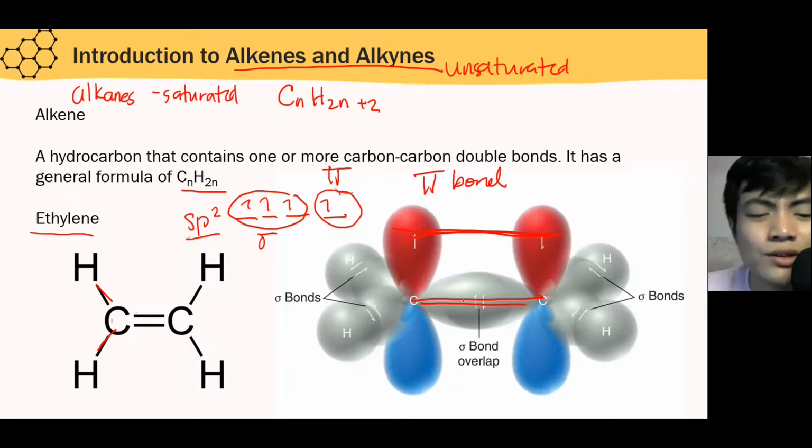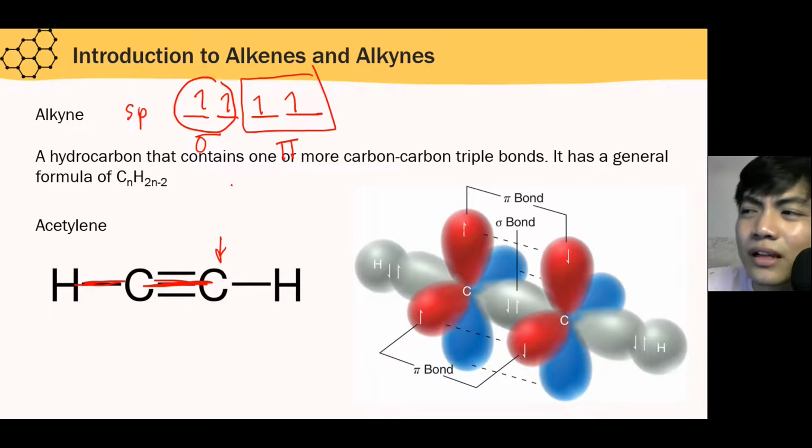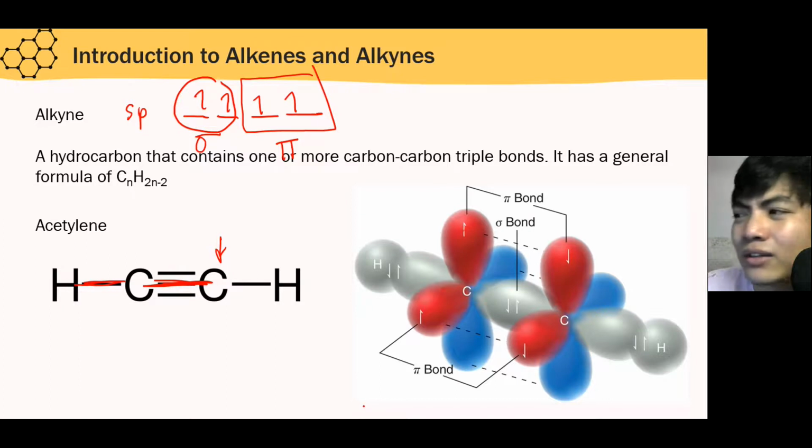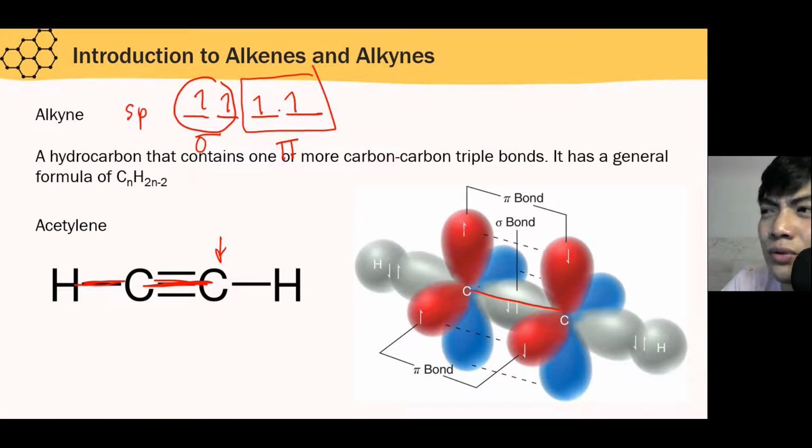So what do you think will happen to your alkyne? Since you have two pi electrons, there will be two more extra bonds between the carbon atoms. Other than the sigma bond there, there will be two more extra bonds because we have two electrons each.